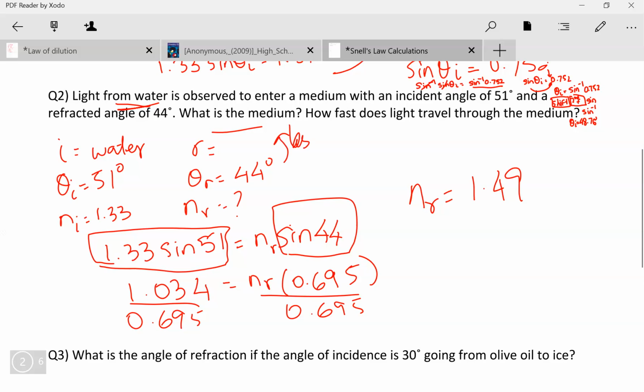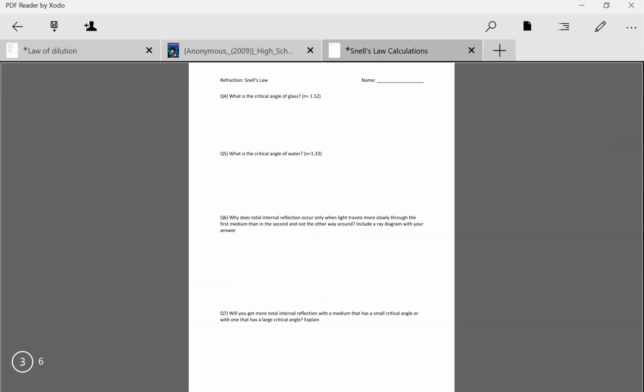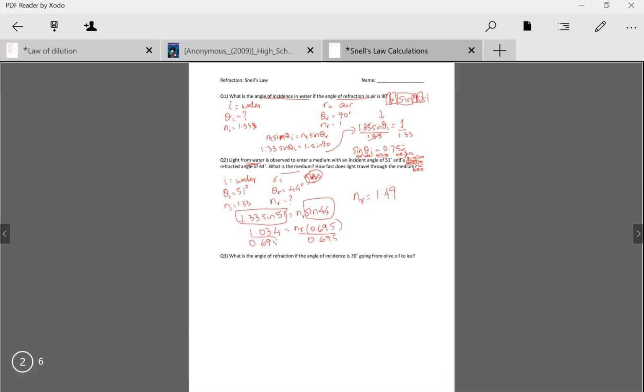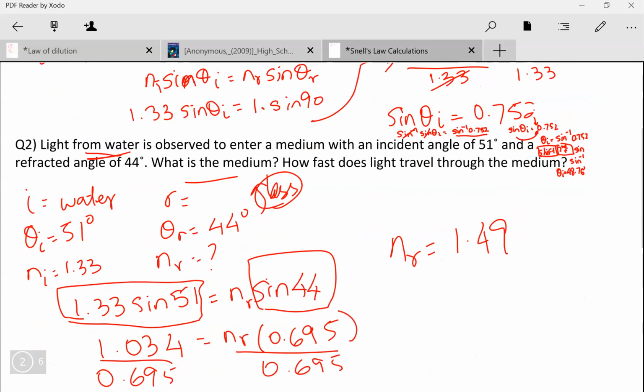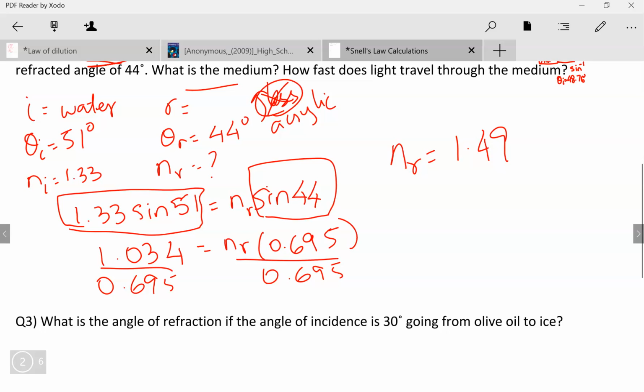You have to check the tables, I'm too lazy. Or actually, I think it's somewhere at the back. Acrylic. Acrylic is the medium. And how fast does light travel through the medium?